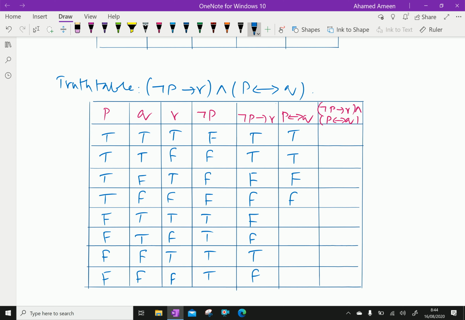Here also false; false and true, false; false and true, false; false and false, true; false and false is true, false and false is true.